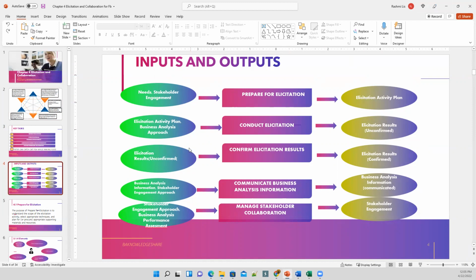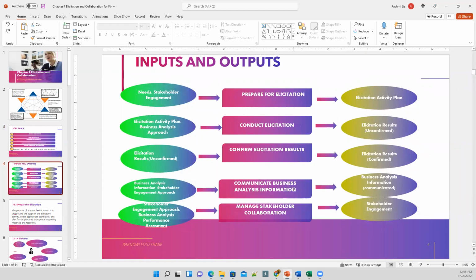To conduct elicitation, your input is the elicitation activity plan from the previous task and the business analysis approach from chapter 3. Then your output is elicitation results, which are unconfirmed. To confirm elicitation results, your input is elicitation results, unconfirmed, and your output is elicitation results, confirmed. Don't confuse that with verified or validated requirements, which are coming up in future chapters.